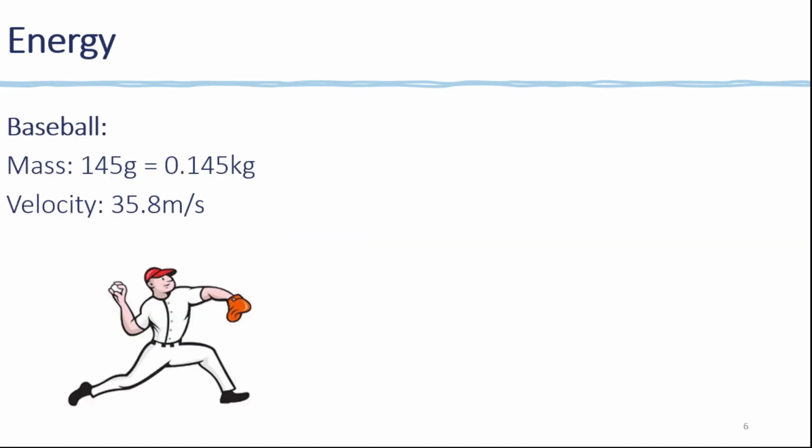Okay, so for example, we want to know how much kinetic energy a baseball thrown at 35.8 meters per second has. So we know the baseball's mass, which is 145 grams or 0.145 kilograms, and we know the velocity at which the baseball is moving.